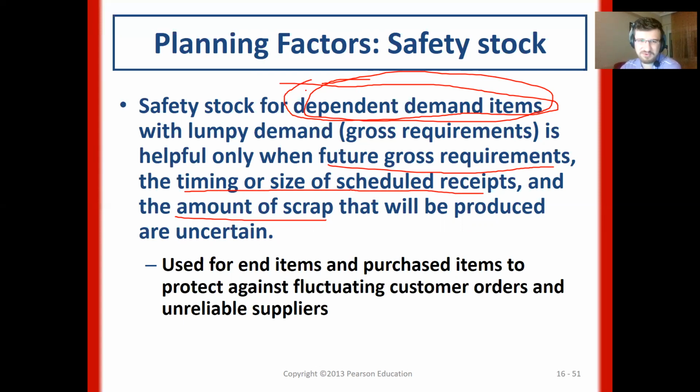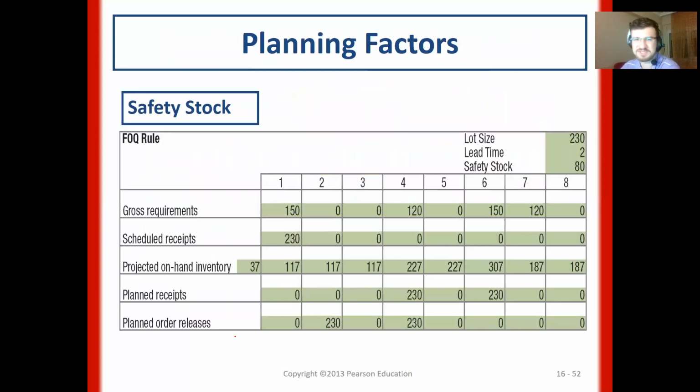Otherwise, as I said before, we use safety stock for end items, to protect ourselves against fluctuating customer orders or lead time. Let me just give an example of safety stock consideration for a dependent item.